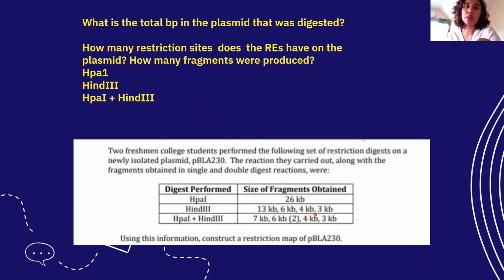How did that happen? You will understand this better if you construct a restriction map, okay? But I just want to point out, it became 5 fragments in the double digest because the 13 kb fragment was split into 2 unequal parts, 7 and 6.